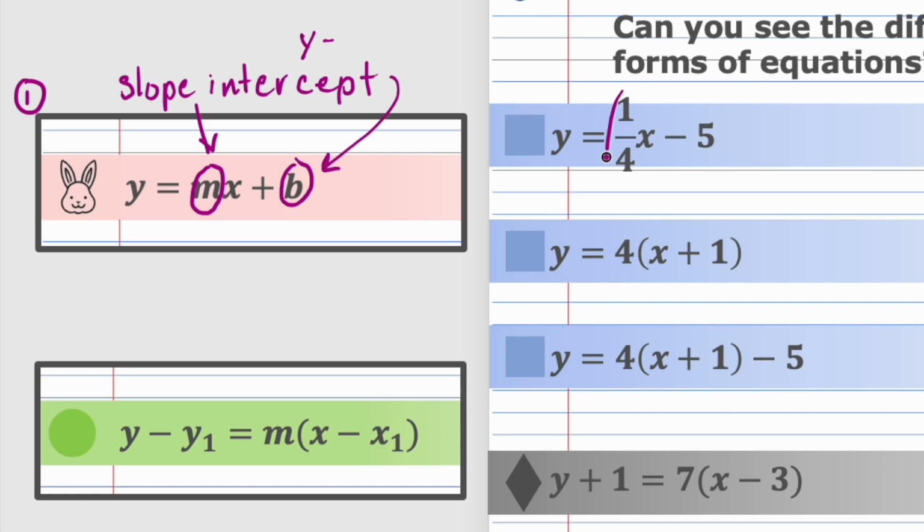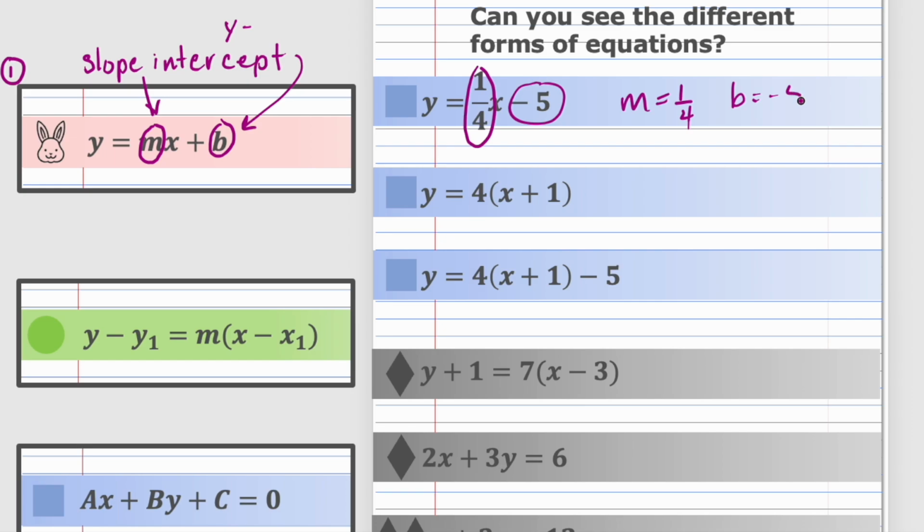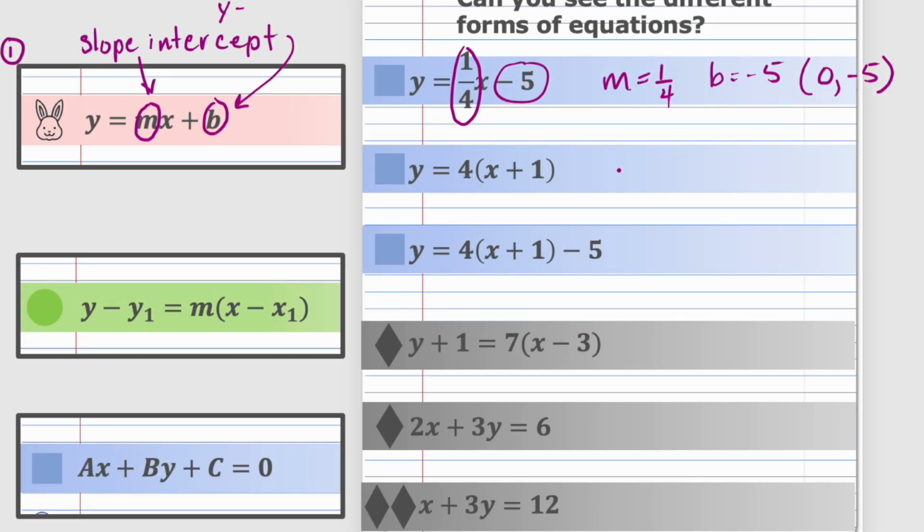In our equations, 1/4 is the slope and -5 is the y-intercept. If we want to see the slope and y-intercept, we can certainly convert all of these equations to the y equals mx plus b form, but the other equations can be used as well to find the important information.